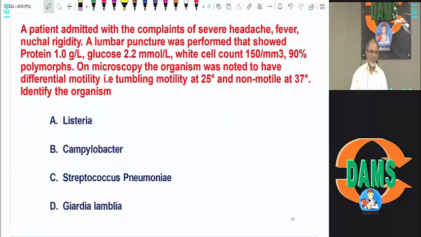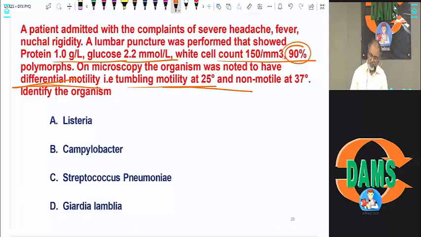A patient admitted with complaints of severe headache, fever and neck rigidity. Lumbar puncture was performed that showed high protein, low glucose, high white cell count, 99% polymorphs. Microscopic organism shows tumbling motility. Which organism exhibits tumbling motility?